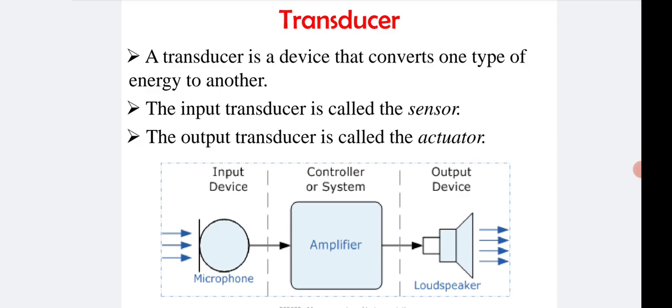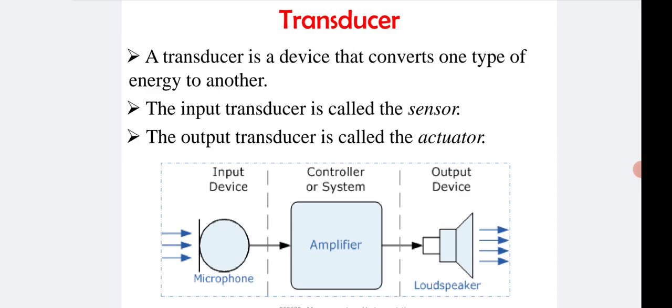For the microphone, what is the input signal you are going to give? It is nothing but an audio signal. The audio signal will act as an input to this microphone. When I give an input audio signal to a microphone, the output of the microphone will be an electrical signal.